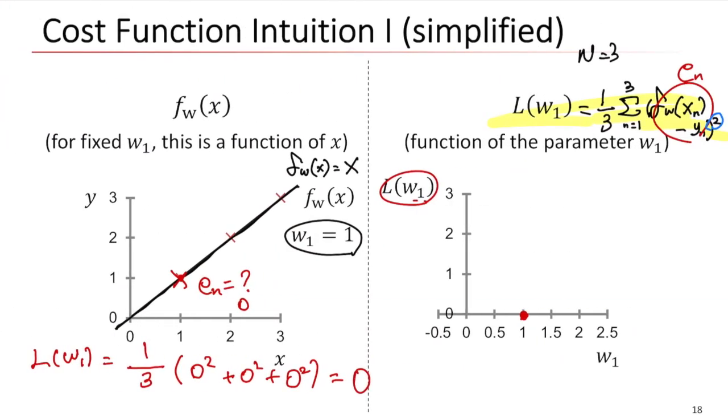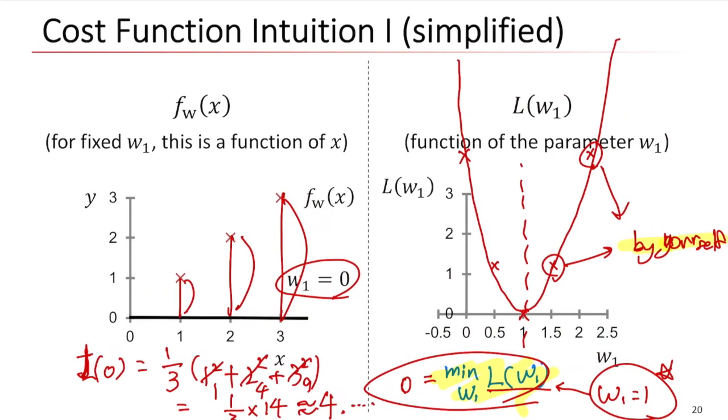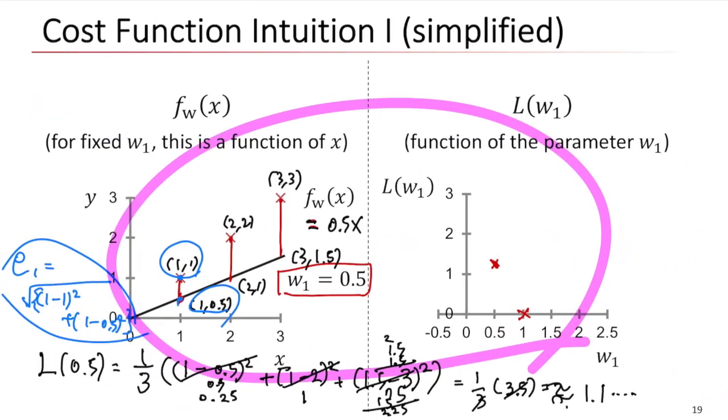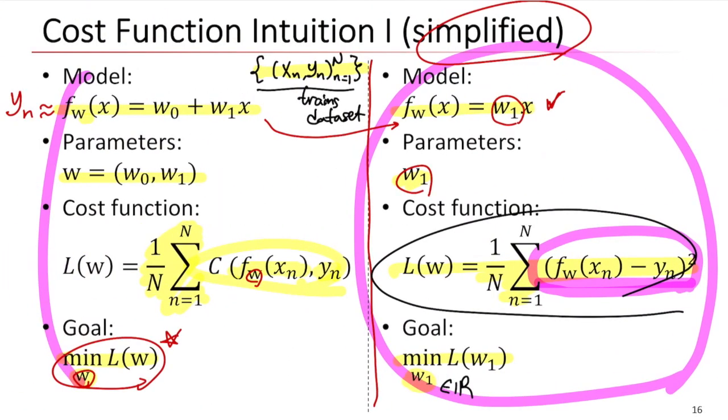So finally, the cost function looks like this. This function was a linear equation, so this part is also a linear equation, right?